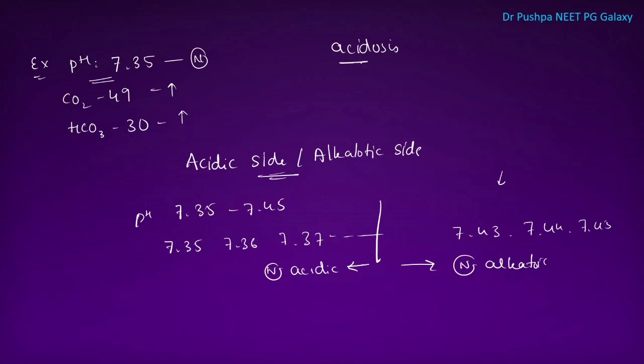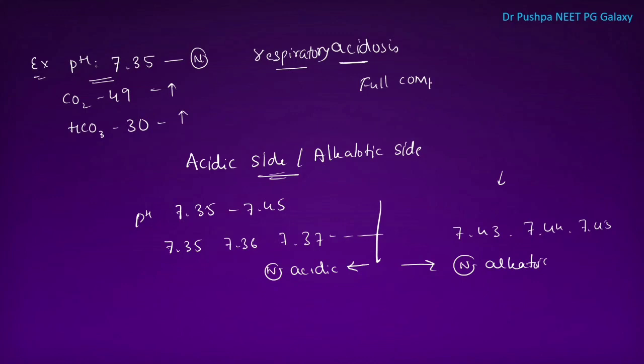And in acidosis, CO2 has increased, and bicarbonate has also increased. If at all bicarbonate is increased, it has to cause alkalosis. But in this condition, we have acidosis. So this is respiratory acidosis because CO2 has increased. And the pH is normal, so it is fully compensated acidosis.